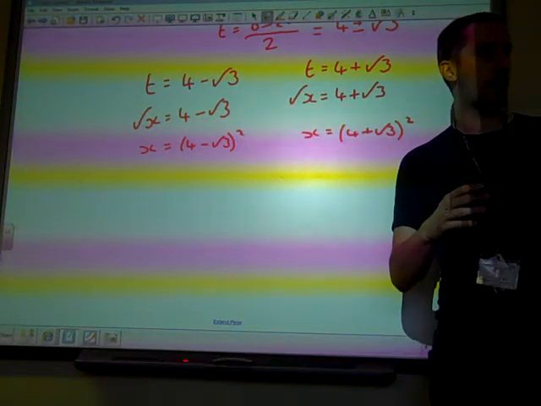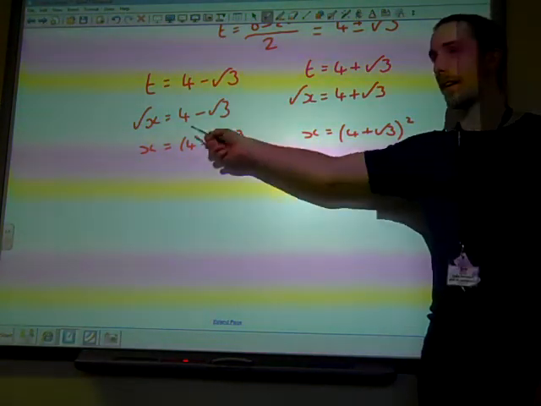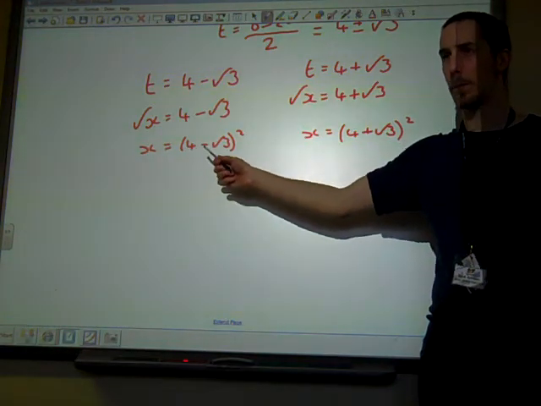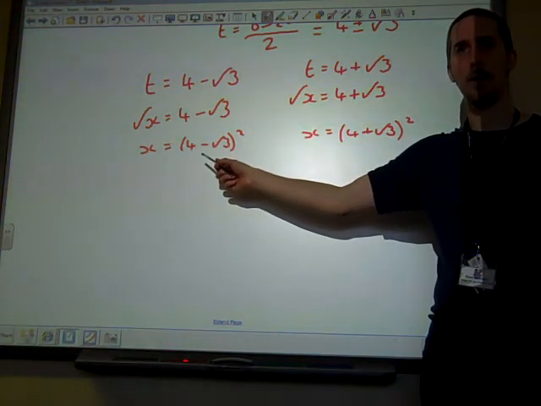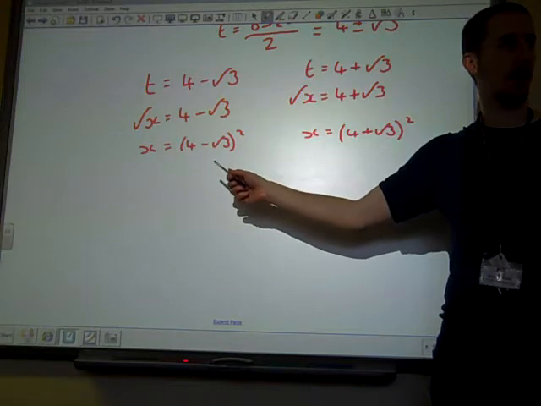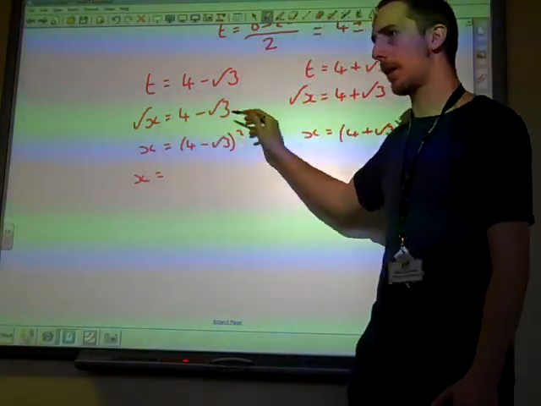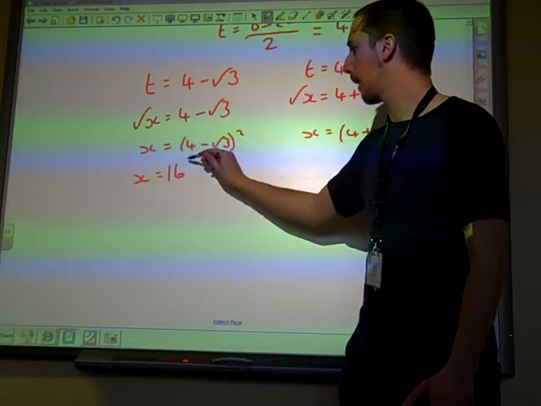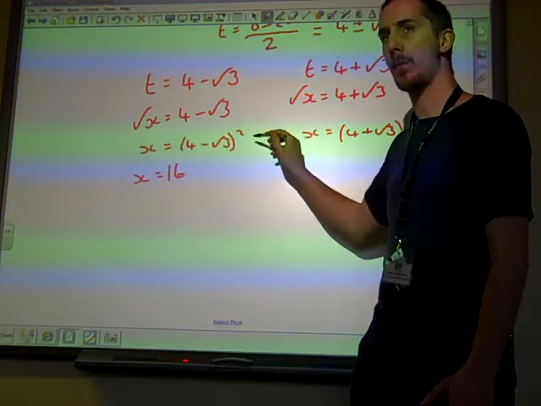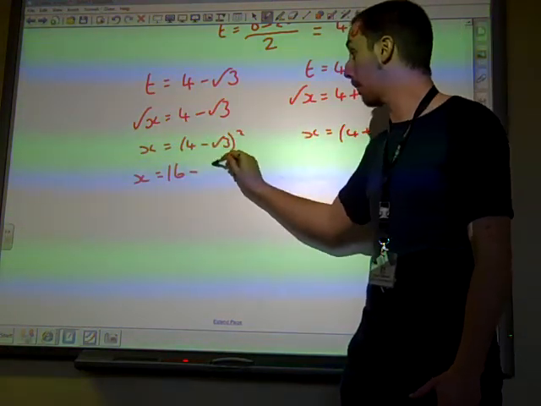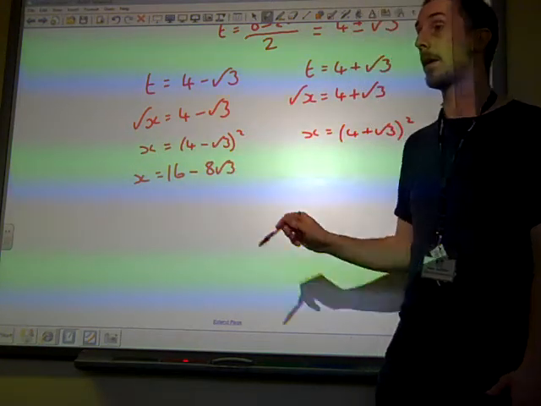As we've worked through this paper, it's funny how many times this thing has come up, where you've got to square out a bracket, and you've got to not make that mistake of just squaring the first and last terms. This is going to be 4 times the 4, minus 4 root 3, minus another 4 root 3, so minus 8 root 3.